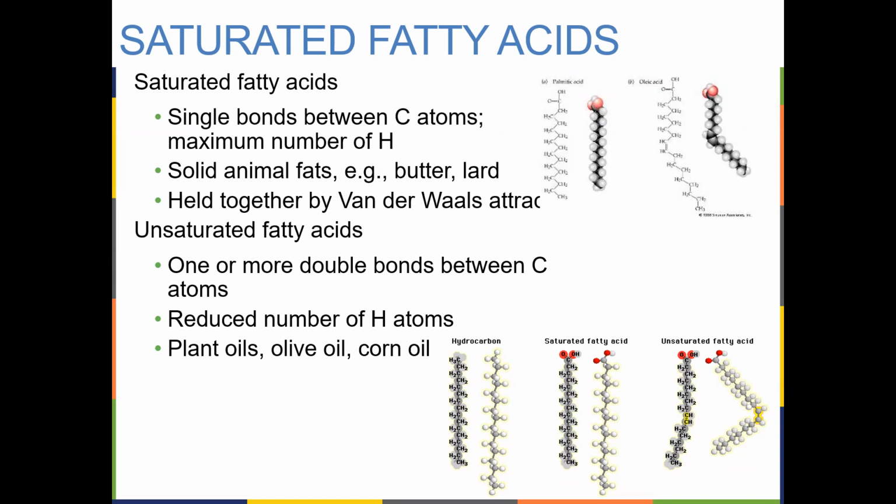Because these fatty acid chains are so close together, if the electrons shift and create a slight positive or a slight negative charge, the chains clump together. Van der Waals attractions between the fatty acid chains is what makes fats solid at room temperature.